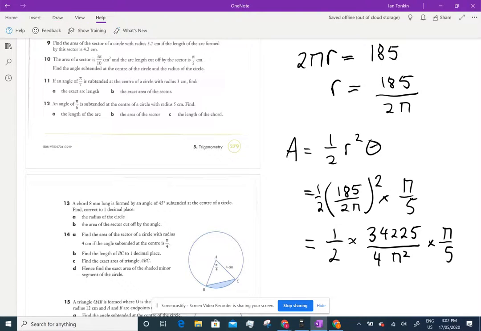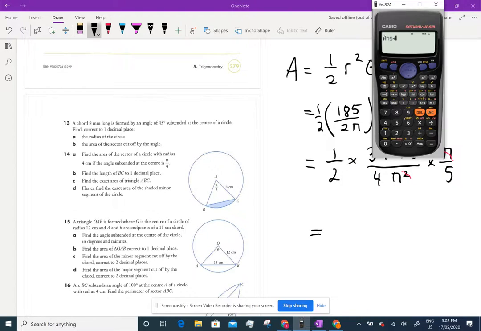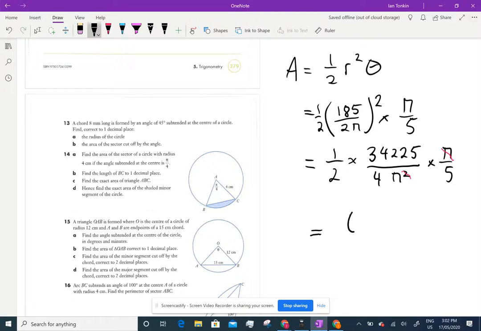Now, one of the pi's will cancel, so I'm going to have a pi on the bottom. And I bet 34225 goes into 5, or 5 goes into it. So let's divide that by 5. We get 6845. So on the top, I'm going to get 6845. And on the bottom, I'm going to get the 2 times the 4, 8, and I'm going to have a pi. And that's the area, units squared.